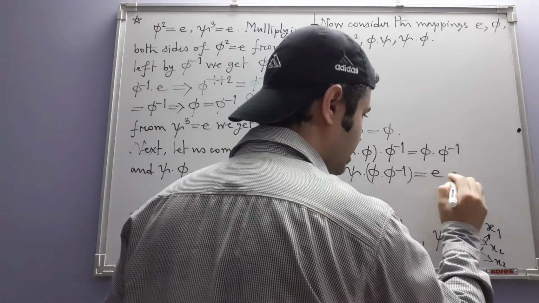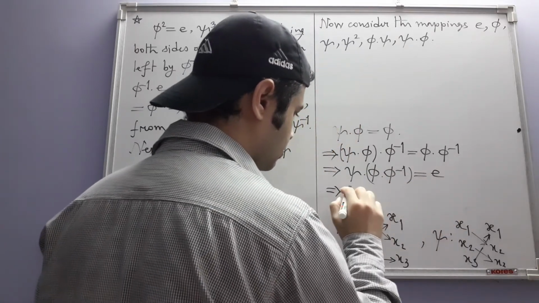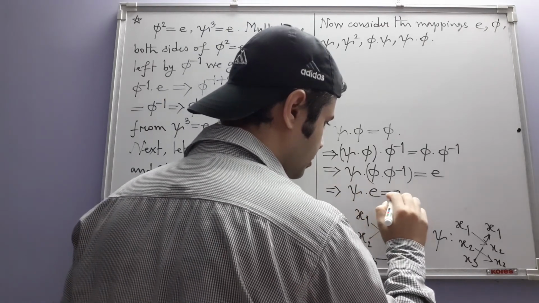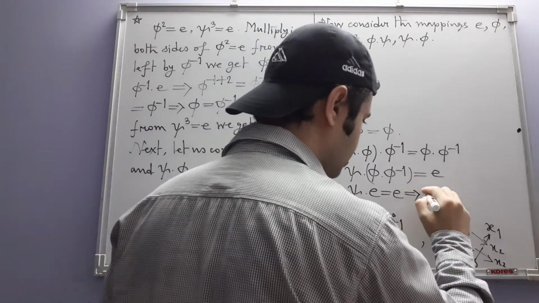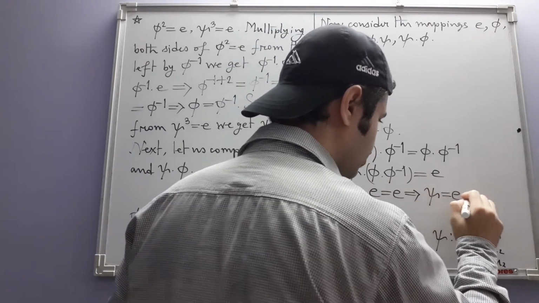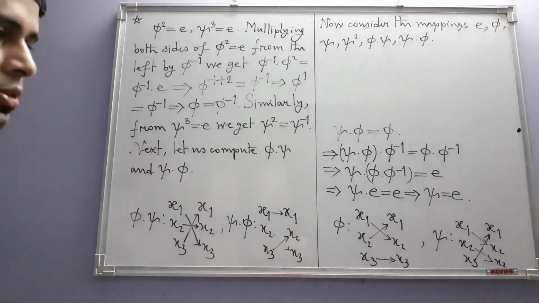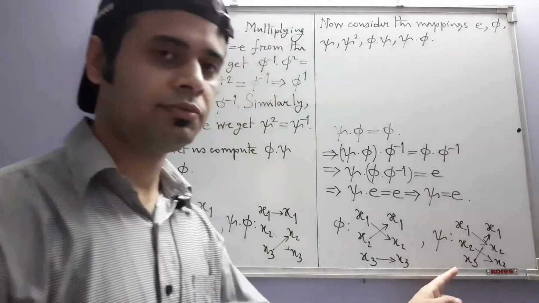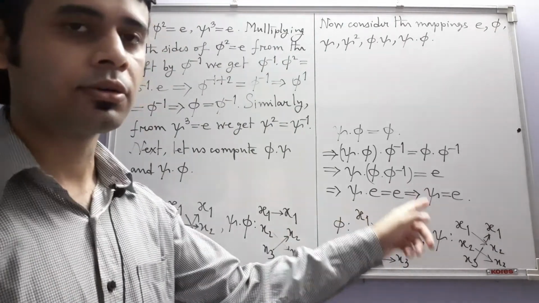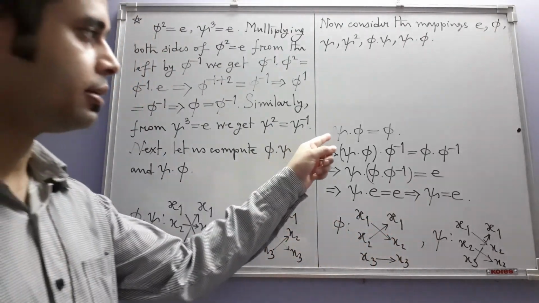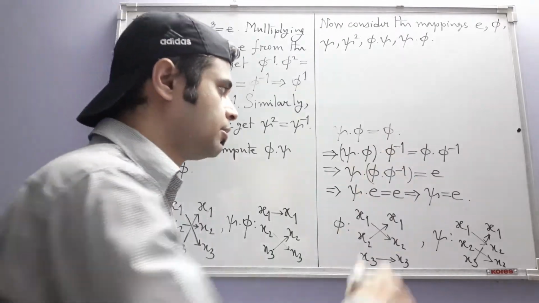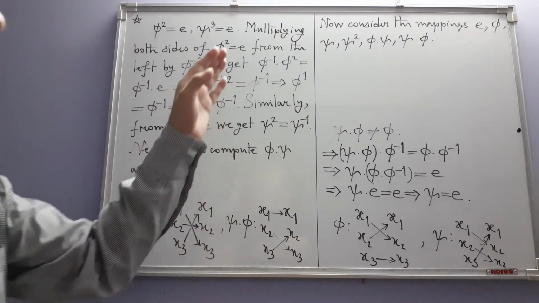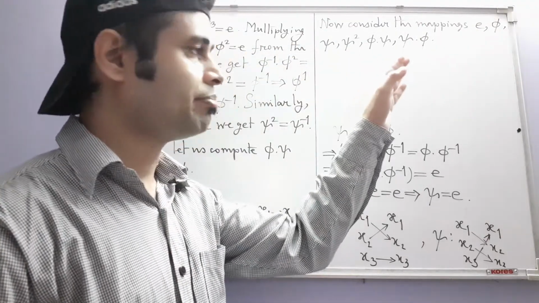This will become identity. This one will again become identity. So that will imply psi is equal to identity. This clearly is not true because identity does not change anything, but psi changes everything. So this is a contradiction. From that you conclude that our supposition is wrong, so they cannot be equal. So in these two ways you can verify that all these mappings are distinct.